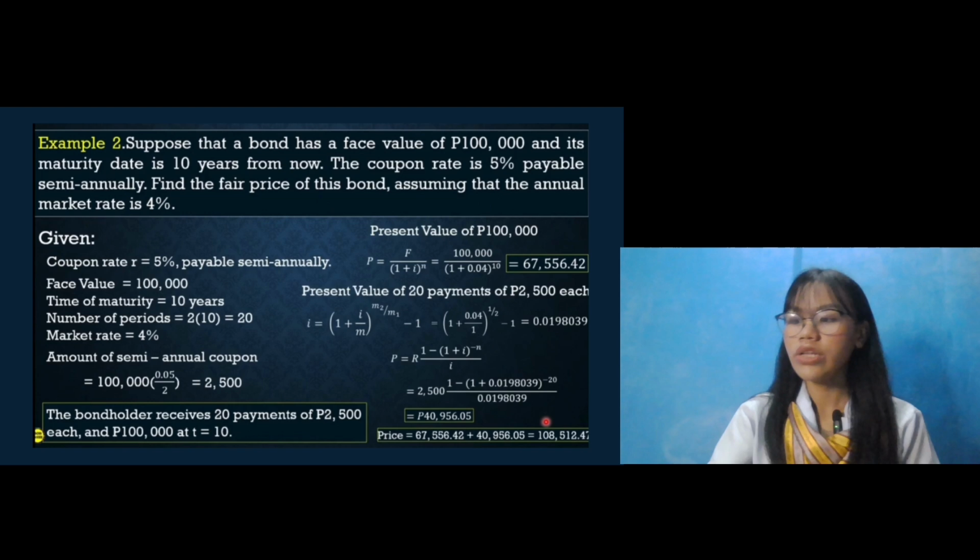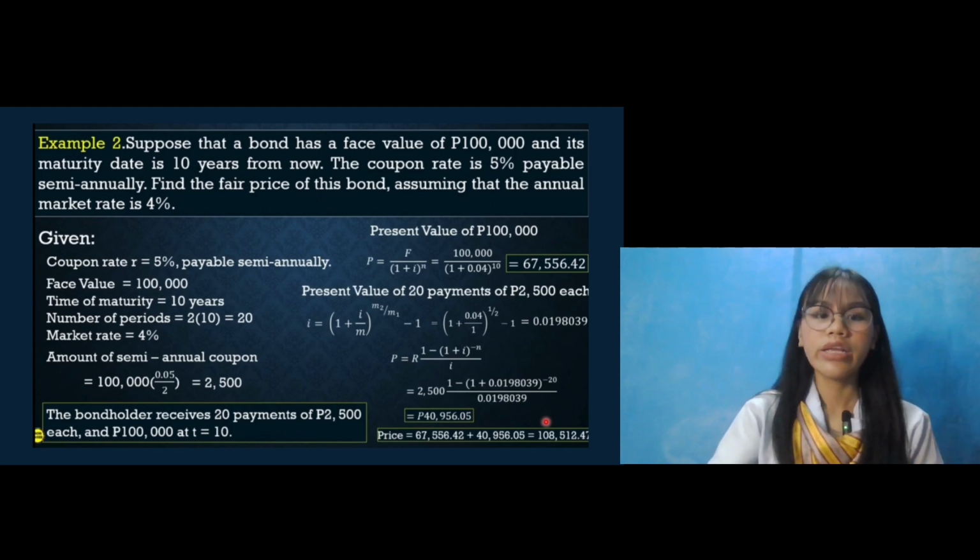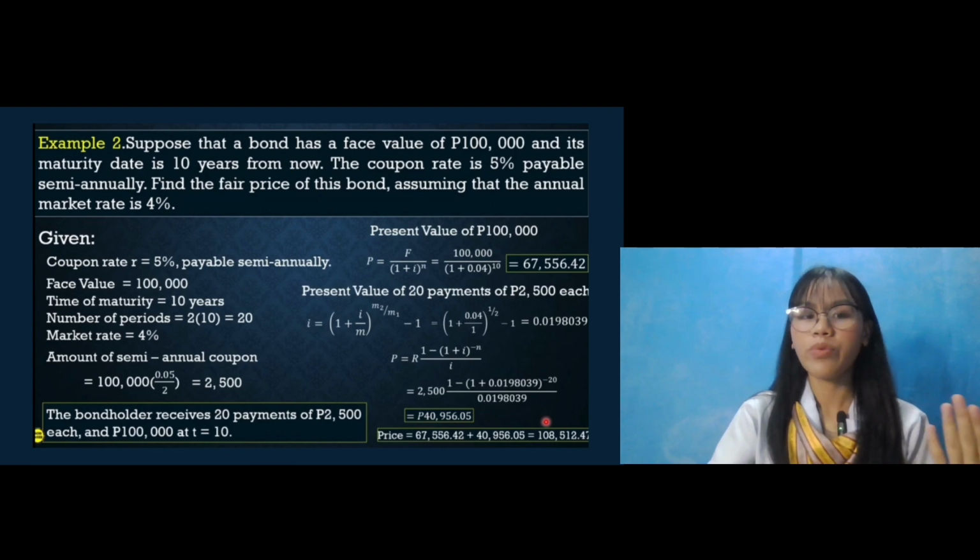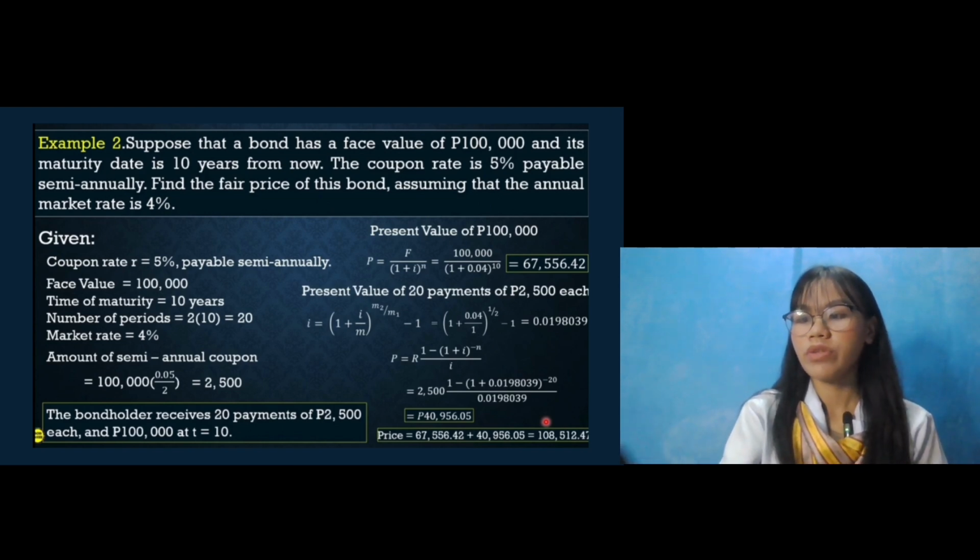And then just copy the 1 minus, and then inside the parenthesis, just copy the 1 plus 0.0198039, and then raise it to negative 20. So why is it negative 20? We need to find the number of periods, and this is denoted by n, right? So our number of periods here is 20.